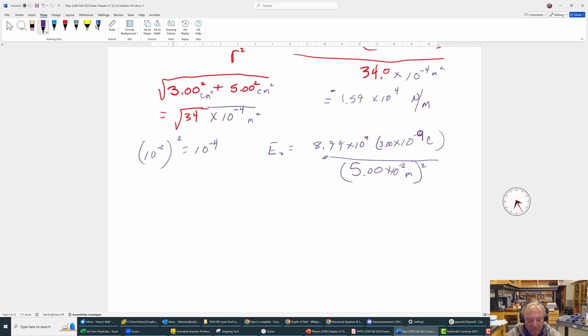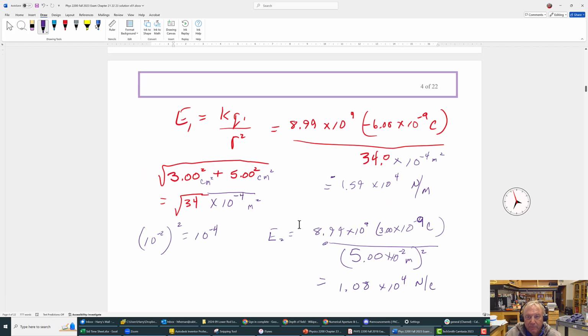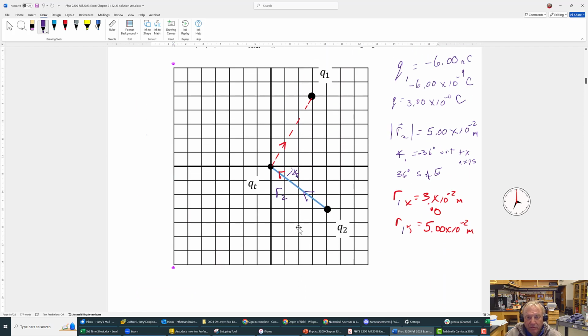That looks fine. And then I square it. Then I divide into it. Okay. And this equals 1.08 times 10 to the 4th newtons per coulomb. Okay. They're both close to each other.